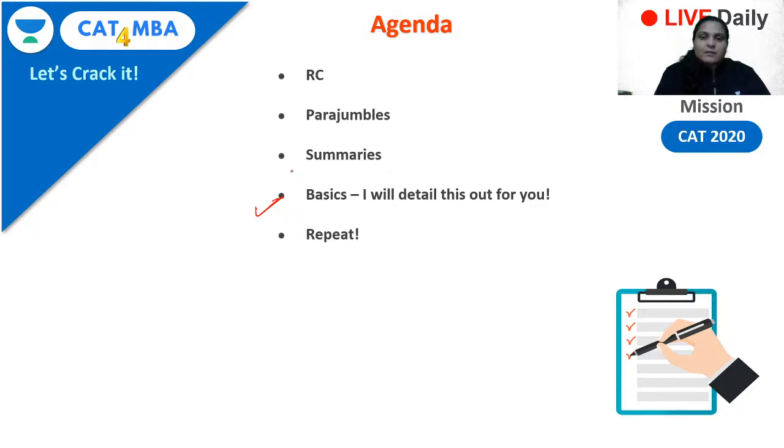Basics means, see, it's a test series kind of thing, but we'll get back to telling you the basics, like how to approach the vocab part, how to approach the grammar part, how to actually solve the para jumble. So I'll split the sessions into two. One will be, we'll be doing the VRC exercises, RCs, para jumble, summary. Another one, the next session will be on the basics, and then we'll repeat thereon.